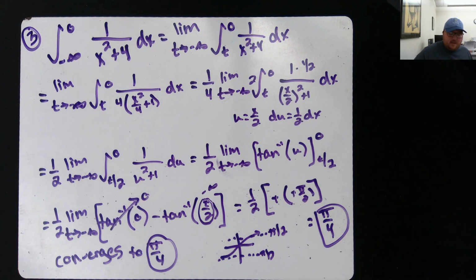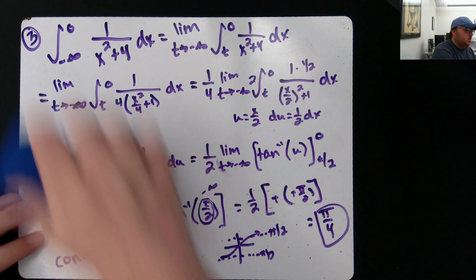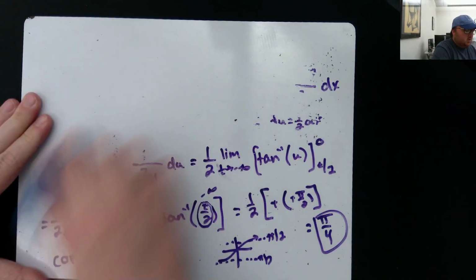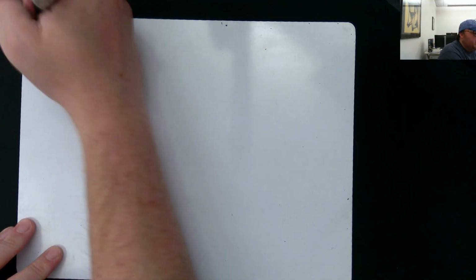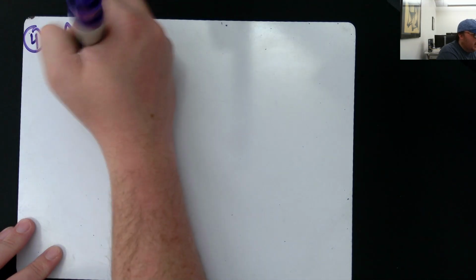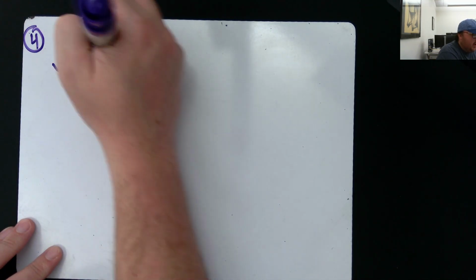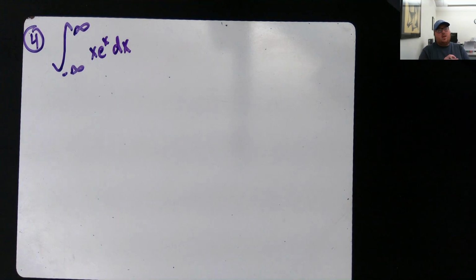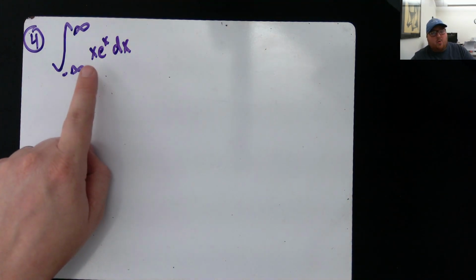Okay, example number 4. We're going to do the integral from negative infinity to positive infinity of x e to the x dx. So inside of here, I have a product.